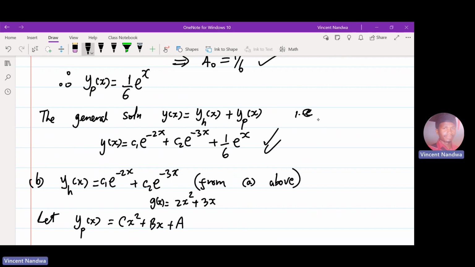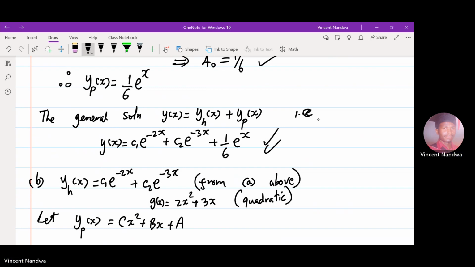So which simply means this is a quadratic function or a polynomial of degree 2. So the correct form of the particular solution will be writing the general form of a quadratic expression, or general form of a polynomial of degree 2. So this is what we have.